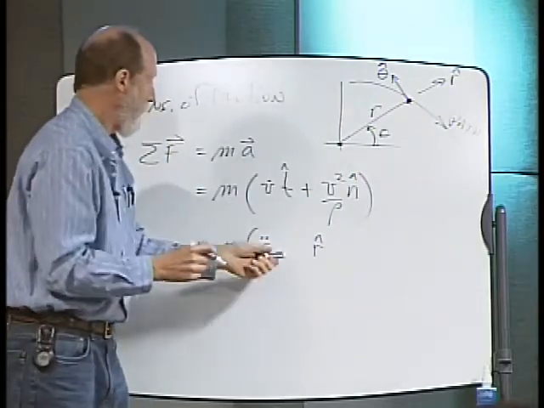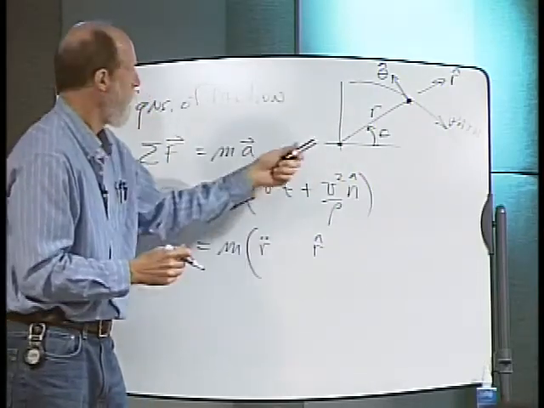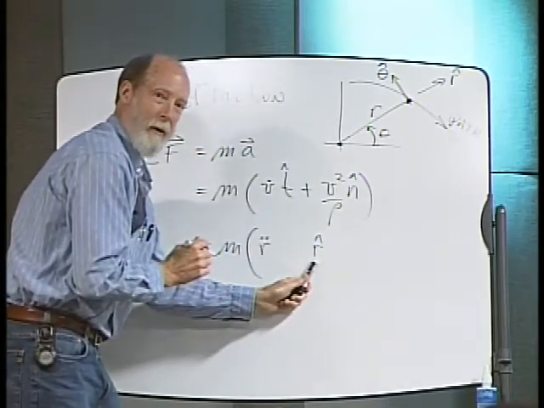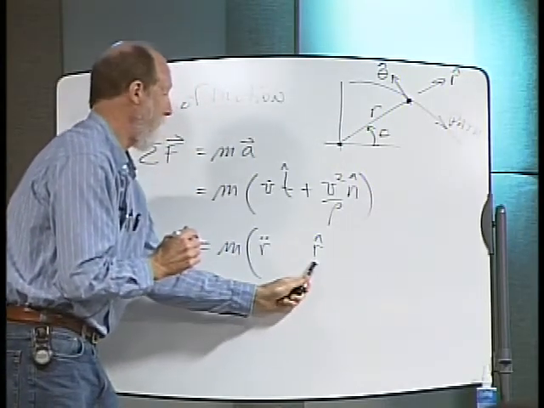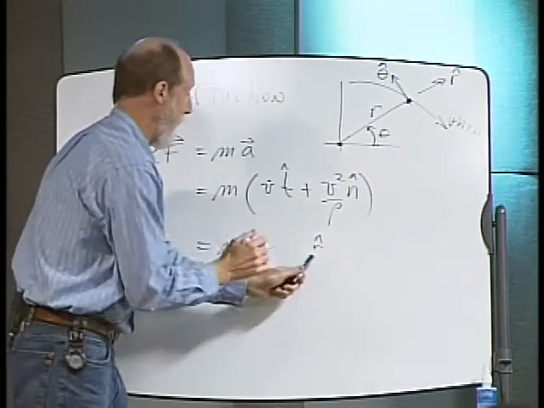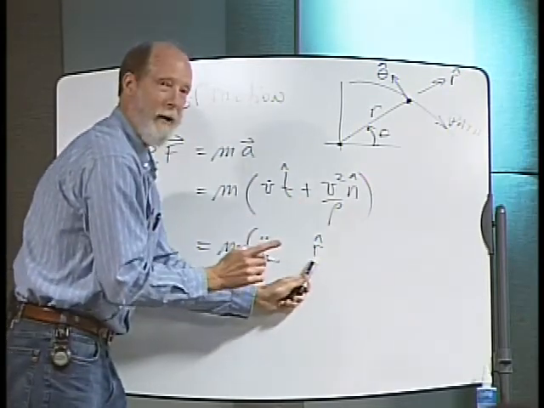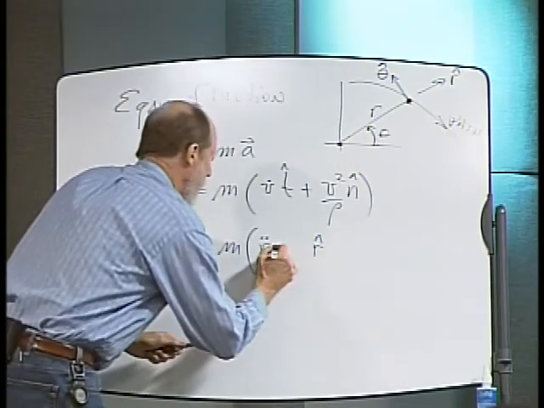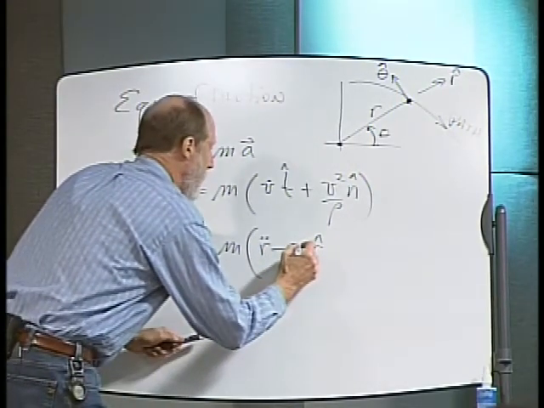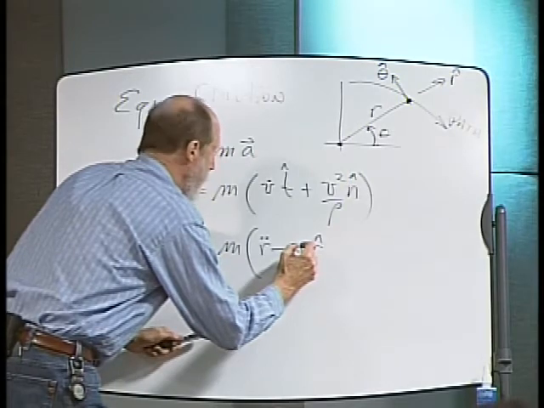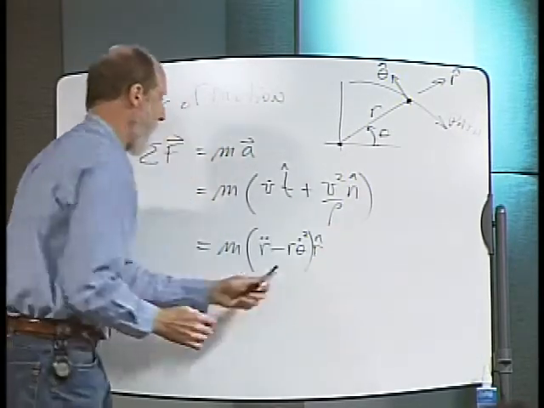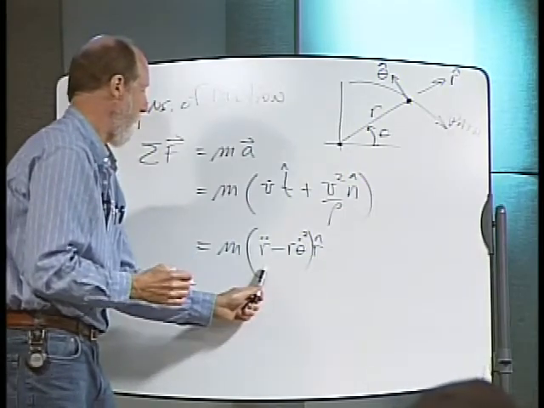I call that a pseudo-normal because this is in the r hat direction, remember, and that's not usually in the normal direction for generalized motion. So that's minus r what? Remember? Theta dot squared. So there's our r hat component of acceleration.